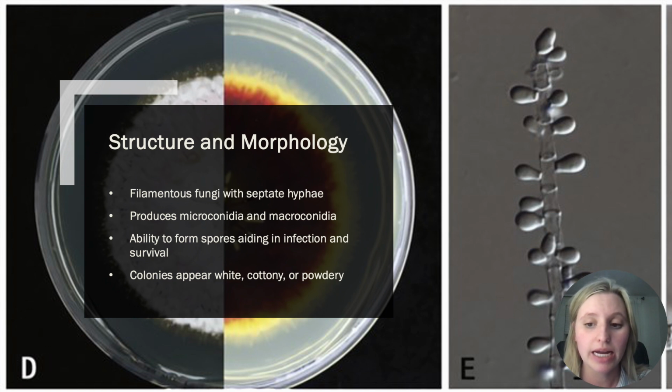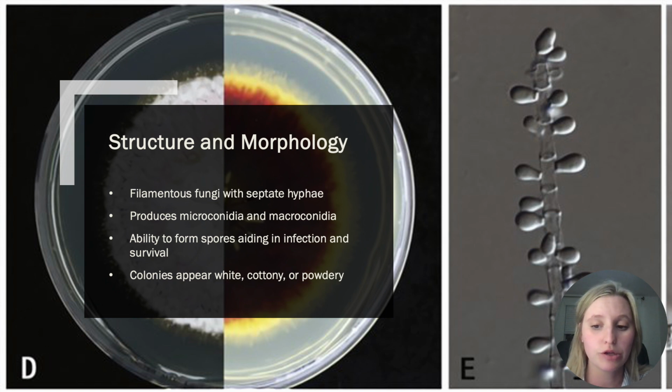This slide is going to describe the physical characteristics of Trichophyton rubrum and Trichophyton mentagrophytes, which are filamentous fungi. These fungi have septate hyphae, which means their thread-like structures are divided into sections by cross walls.